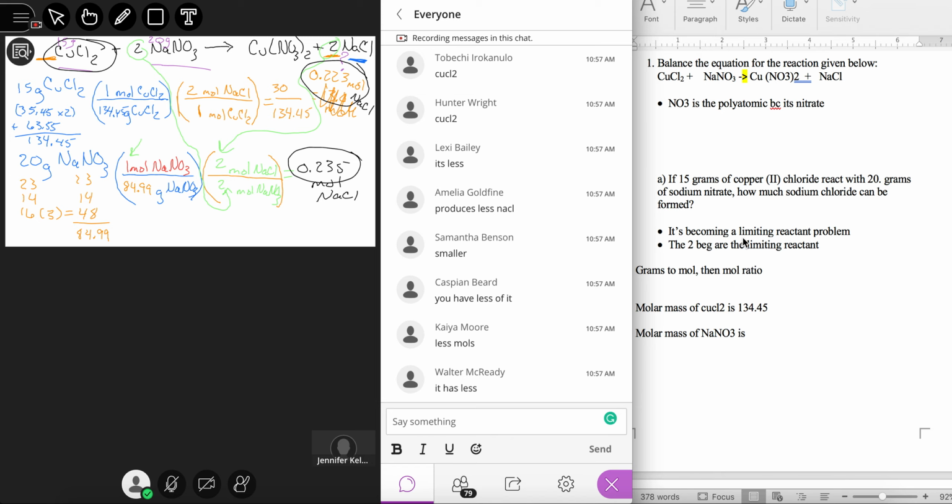So it's asking how much sodium chloride can be formed. It's not specific saying how many grams, how many moles. So we're just going to stick with moles for time's sake. And the answer to that would be 0.223 moles. Now, if it indicated it wanted to know how many grams, I would go one further step and convert it to grams using the molar mass of sodium chloride. Does that make sense?